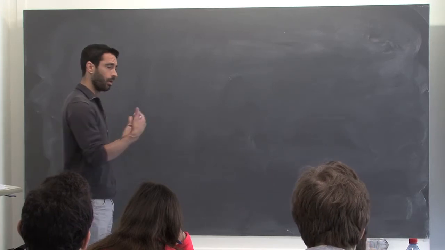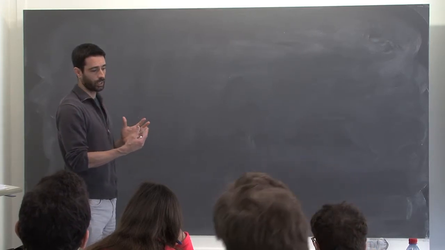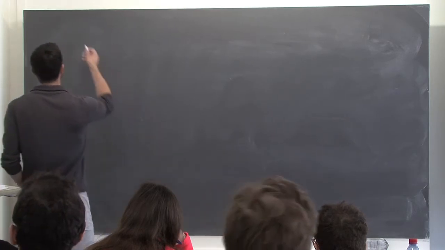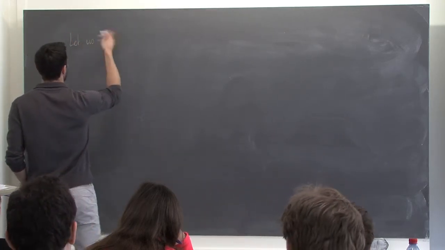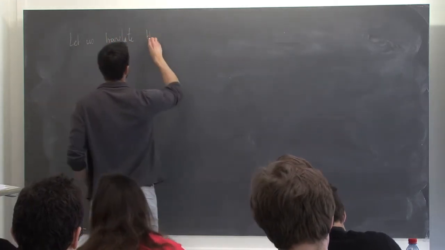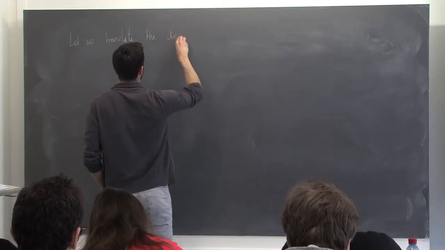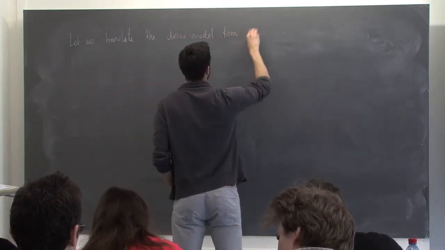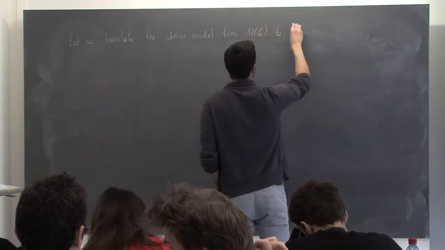So the parameters given by edge weights were too many, and now we're going to have the right number of parameters. So let us translate the Dimer model from M of G to height functions.